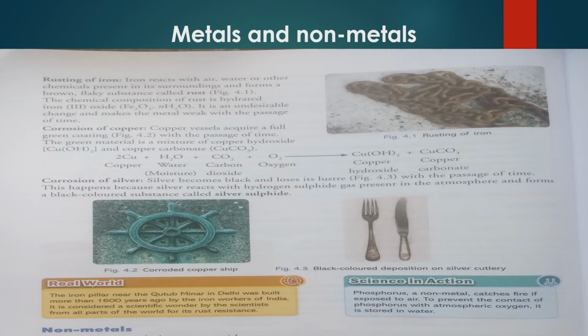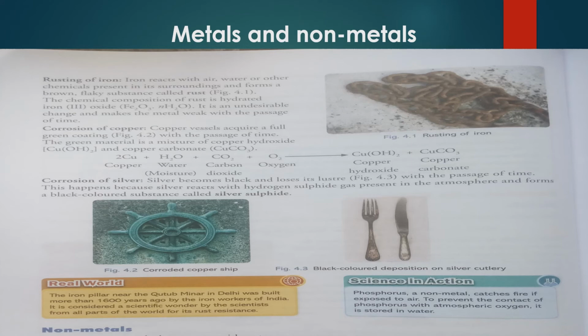Several examples we can see, like bridges collapsing because of rusting. So the corrosion of iron, the undesirable compound that forms a layer around the iron, is Fe2O3·nH2O. You can say it is rusting.